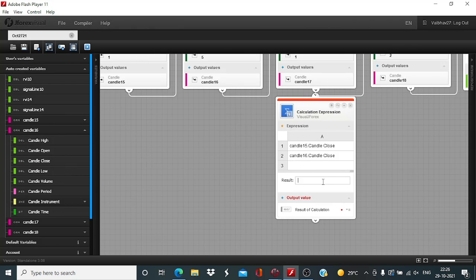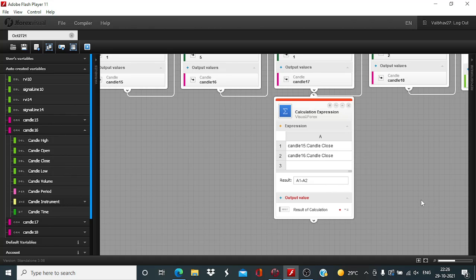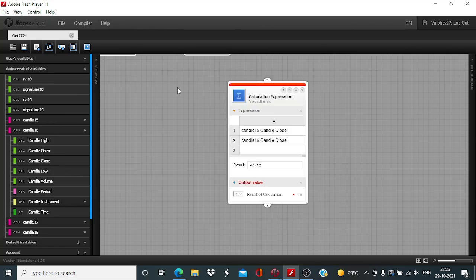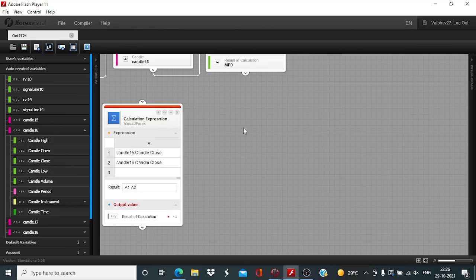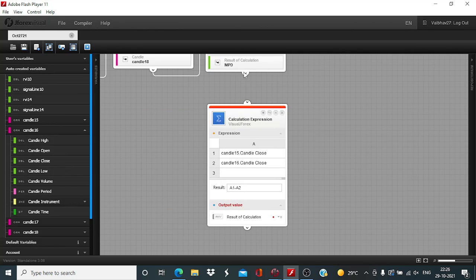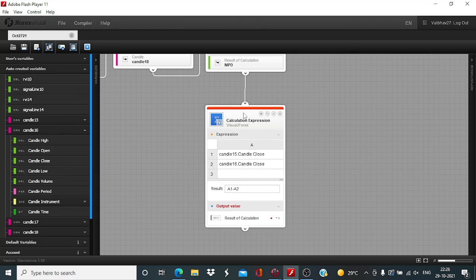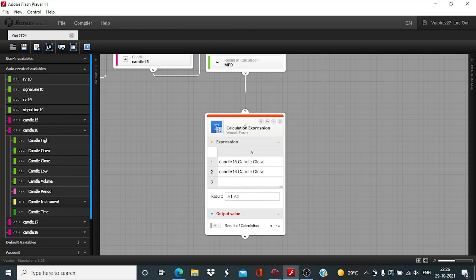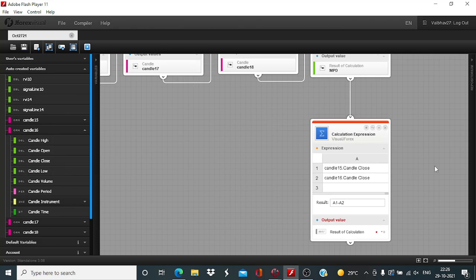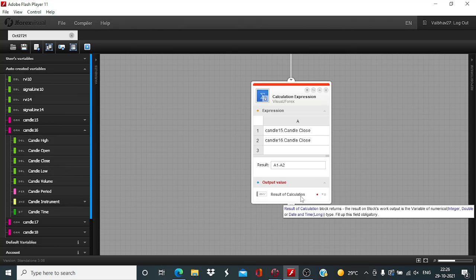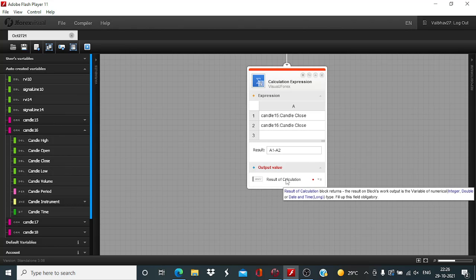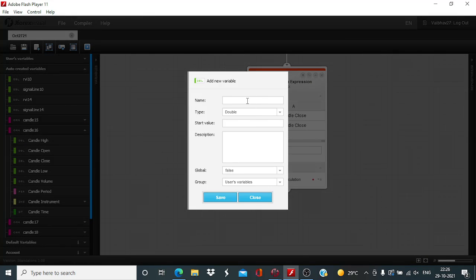Okay, so this is going to be a1 minus a2. All right, this will be hourly actual difference.